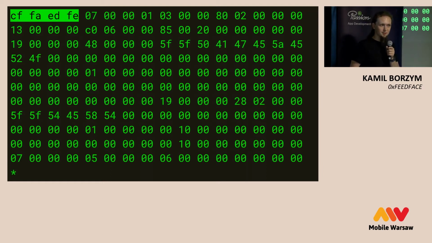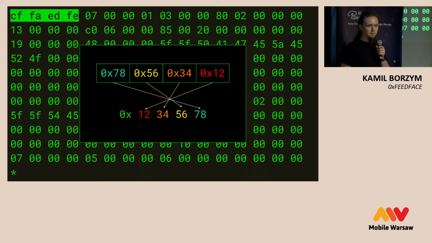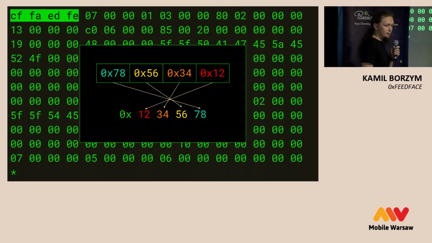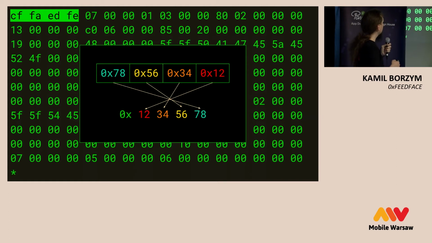Why in reverse order? Because of the little endian format. In little endian, when we write bytes as a number, the least significant byte is written first. So the magic number in the stream is really FEEDFACF.